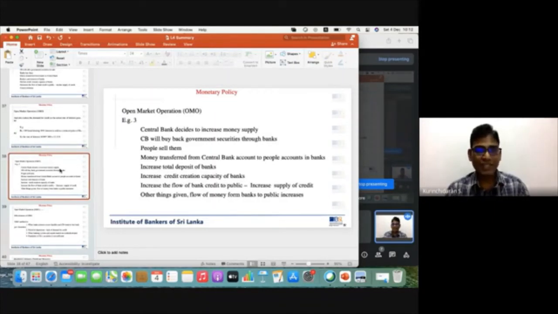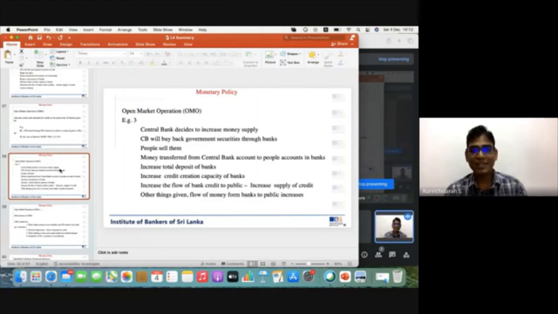Now the central bank decided to increase money supply. If it's a straightforward one, we discussed that if a central bank wants to increase money supply, it can buy back government securities through banks. So people sell them. Money transfers from the central bank account to people's accounts in the banks, increasing total deposits, as we discussed. So people get the money and put it in deposits. When they have that money in deposits, the bank can create more credit, right? So more deposits and then more credit.